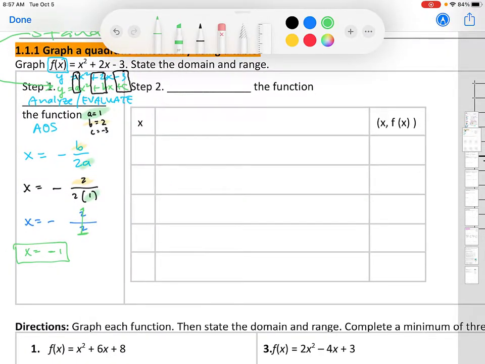Okay, that one was so important. So important. Because now, in step number 2, we're going to do something called graph the function. We're just going to graph it. And I need to point this out big time. X equals negative 1 goes into the middle of our chart. Everyone say middle.